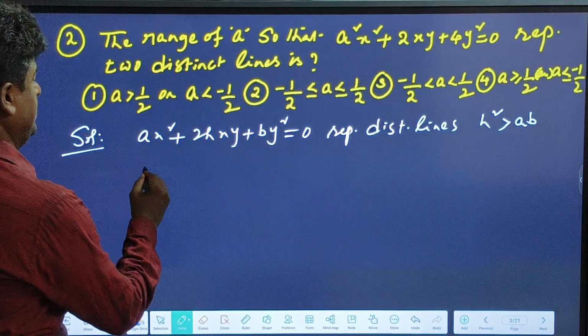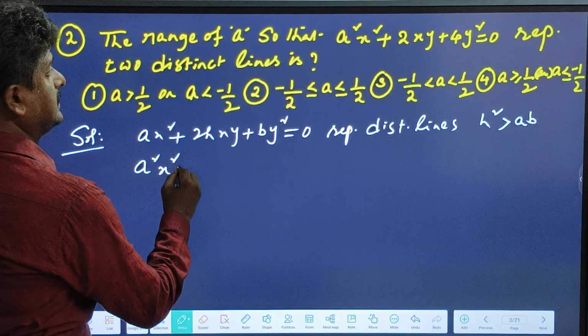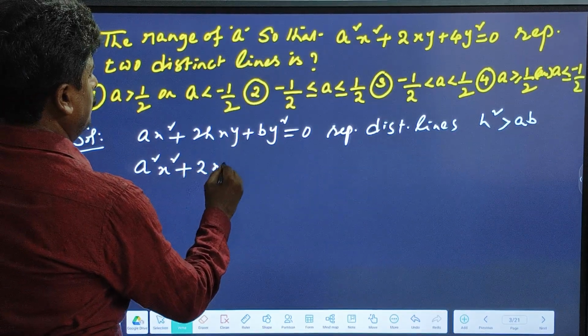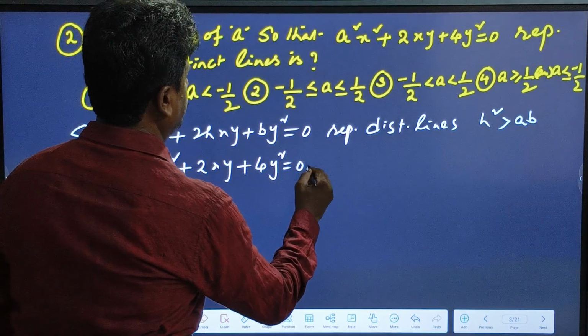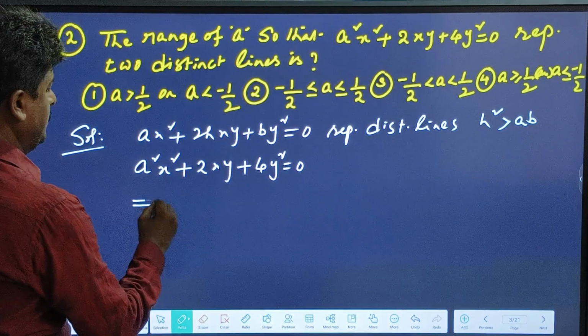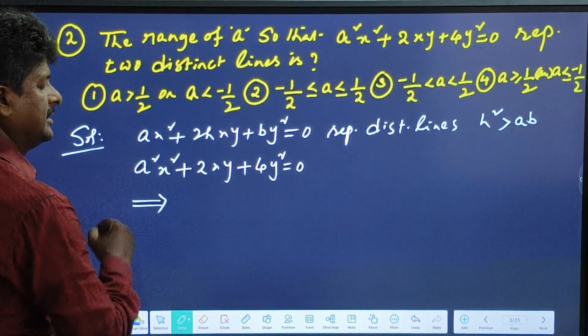In that way, a square x square plus 2xy plus 4y square is equal to 0 represents two distinct lines.